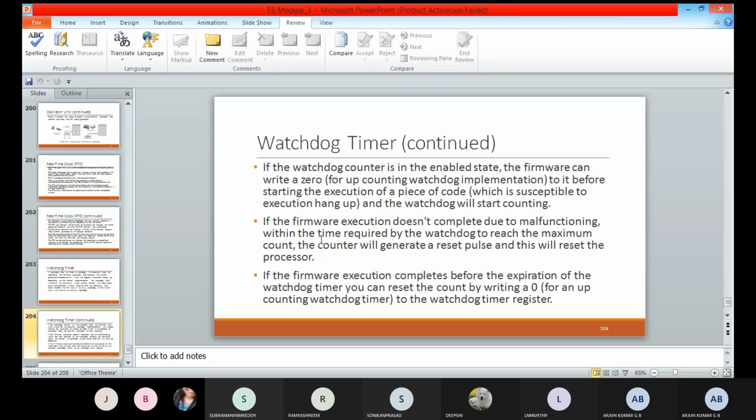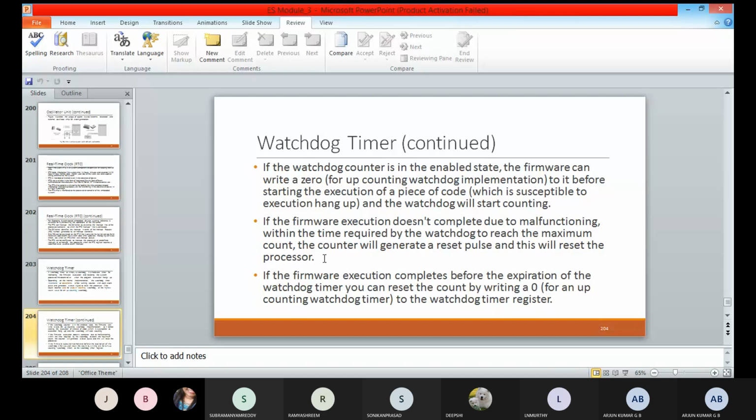How do we develop this watchdog counter? By using flip-flops. A flip-flop is nothing but a storage element, a bit storage element. To count a number of values, we use a number of flip-flops to count the data.